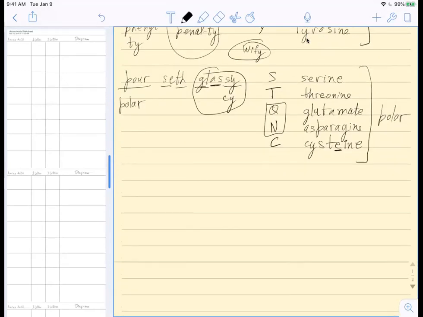Okay, and now we're just left with 5 more. The nice thing is the next 2 are acids, and they can be negatively charged at physiological pH, which is 7.4. So they're actually just offshoots of these. Instead of glutamate, it's glutamic acid.